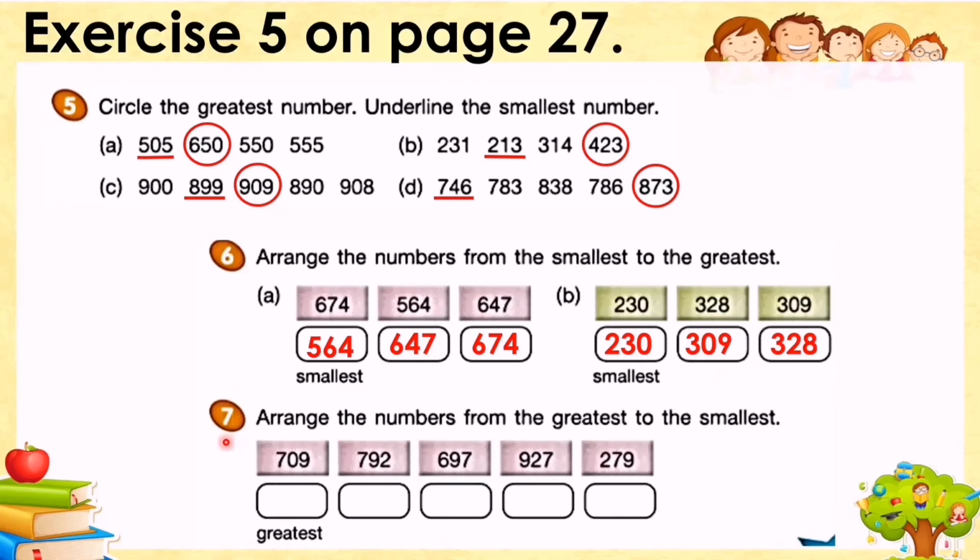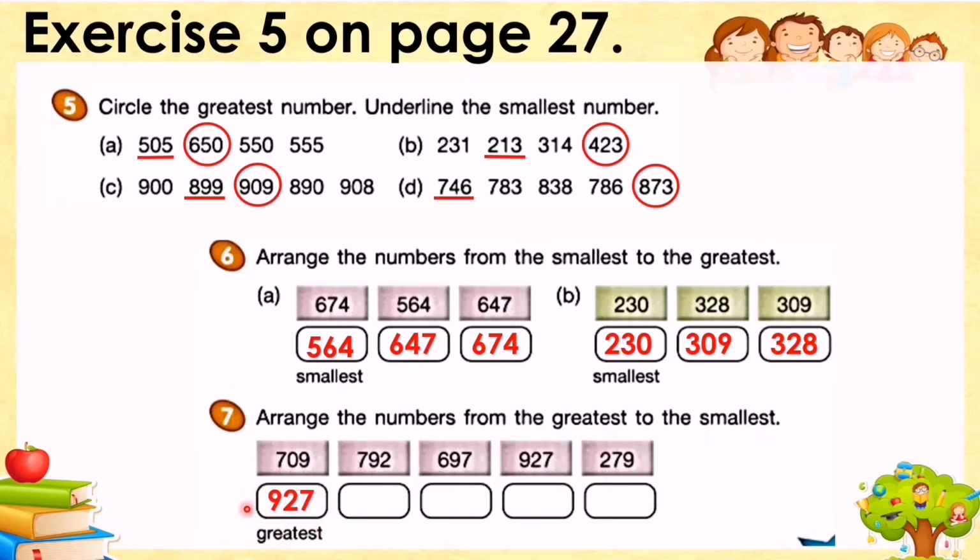Number 7. You will arrange also the numbers from the greatest to the smallest. Okay, so which is the greatest number here? Okay, the answer is 927.